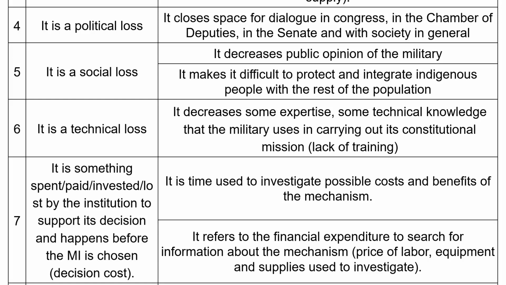Okay, number 7. Those are indicators to characterize and differentiate autonomy and decision costs. If it's time used to investigate possible costs, expected benefits, then it's decision cost, and it can be measured because it's time, and we have units for measuring time.